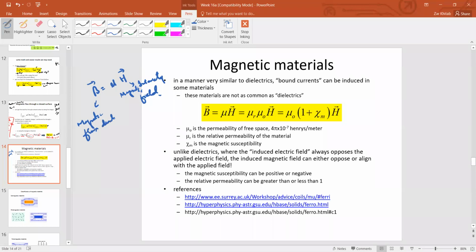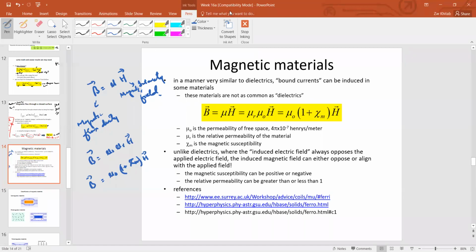So B equals mu naught mu R H. B equals mu R mu naught H, and just like with the electric fields, this mu R is really 1 plus zeta, the magnetic susceptibility.